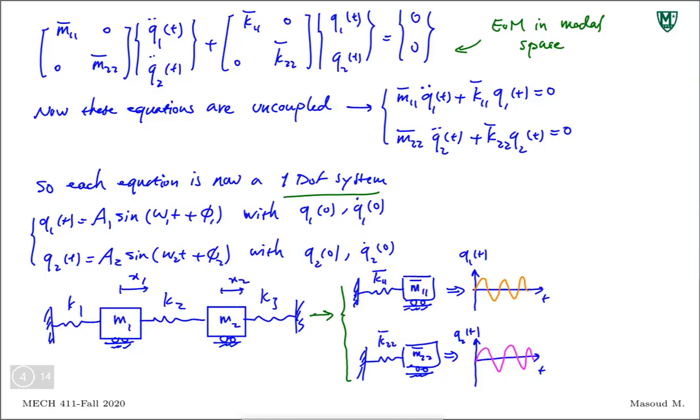This is Q1(t), Q2(t). Each response you get for a single degree of freedom system, you then transform. This is the response in modal domain.